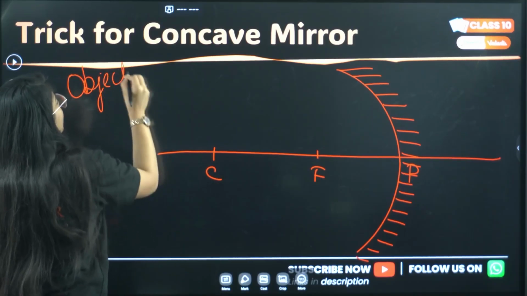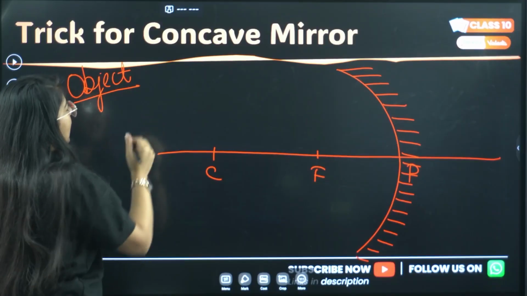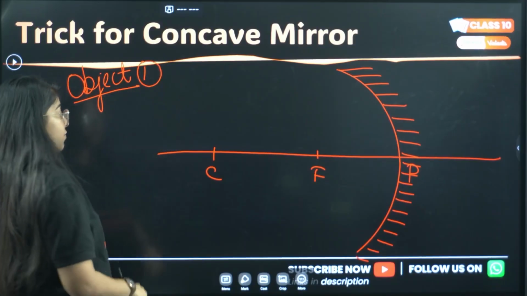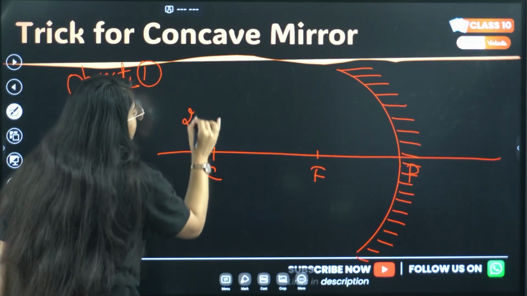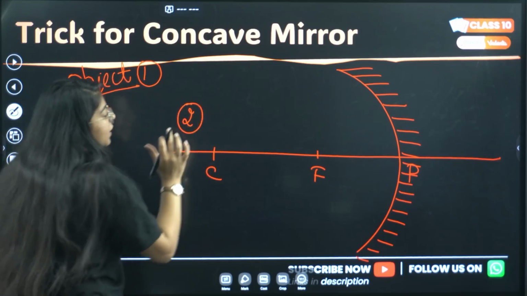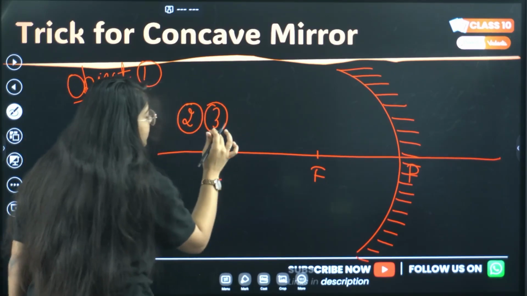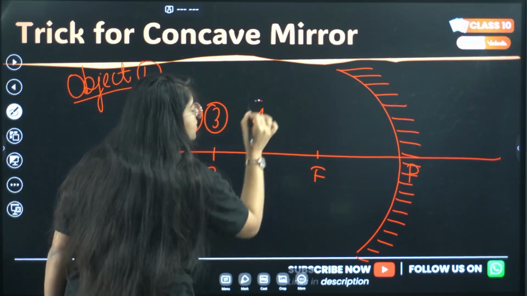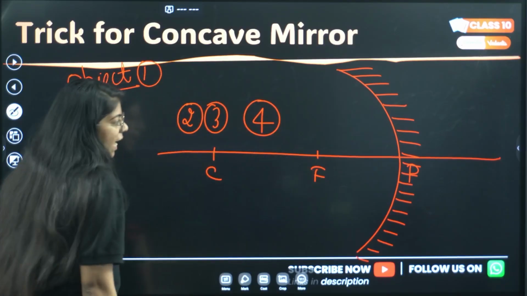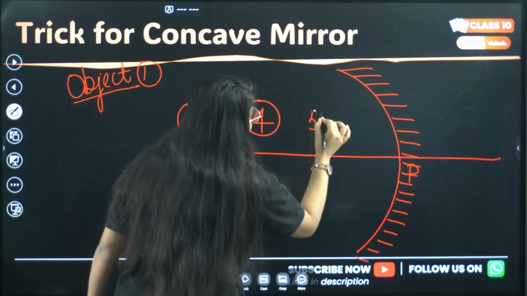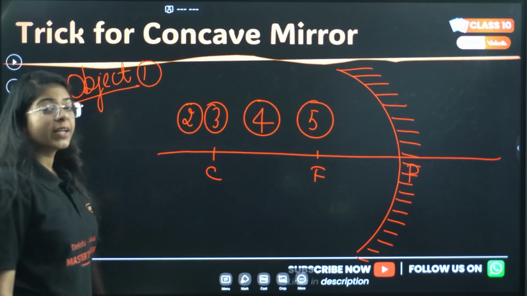So on the upper side of principal axis, I'll write 1, which is at infinity, 2, which is beyond C, 3, which is at C, 4, which is between C and F, and 5, which is at F. Now what did I tell you?